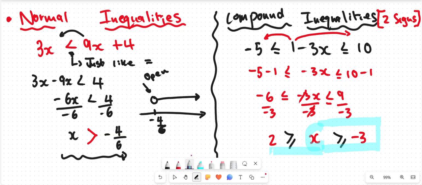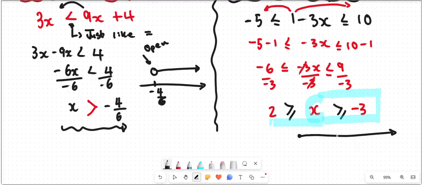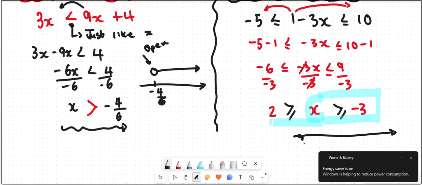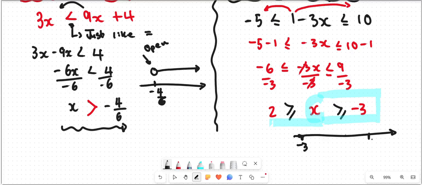And if we were to draw that on a number line, again, there's my number line. Just scroll a bit. We have our negative 3 here. Excuse me. And we have our positive 2 there.